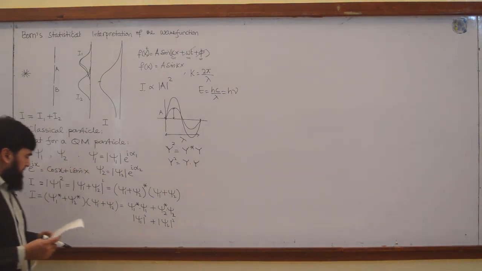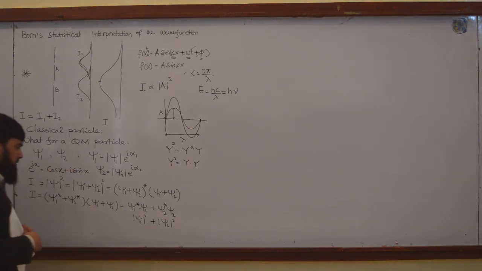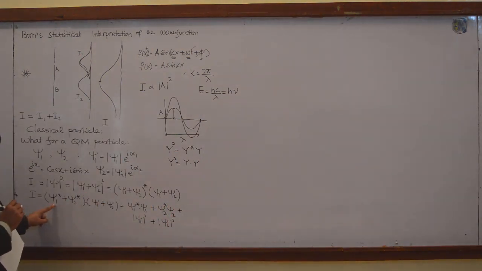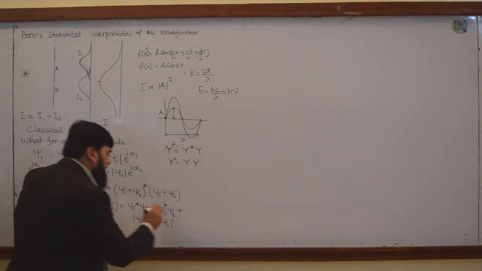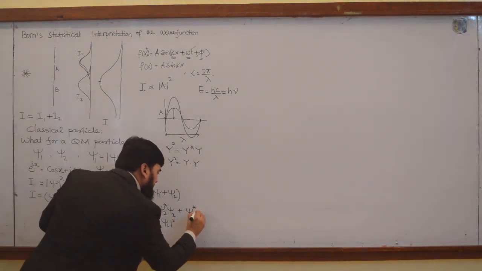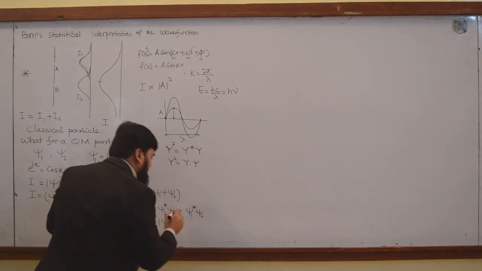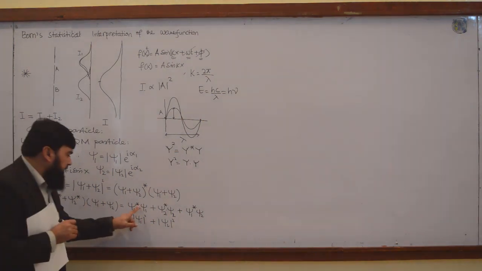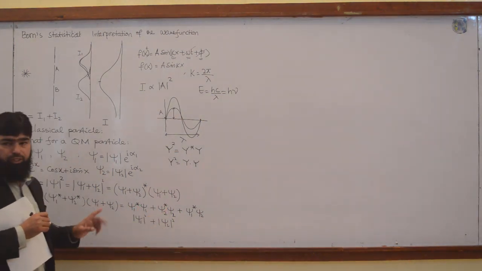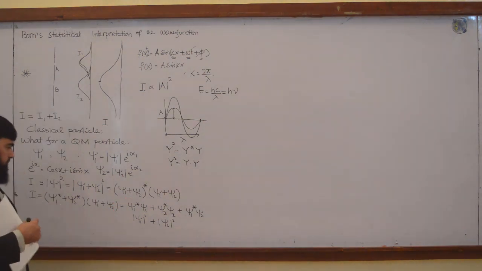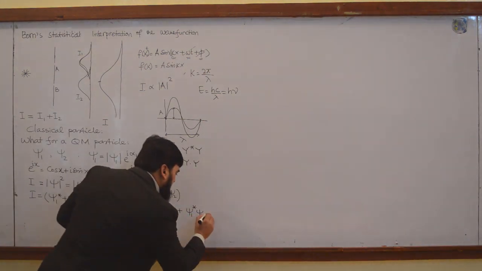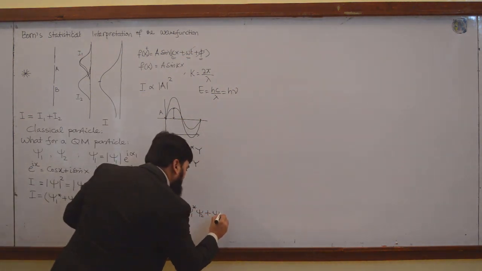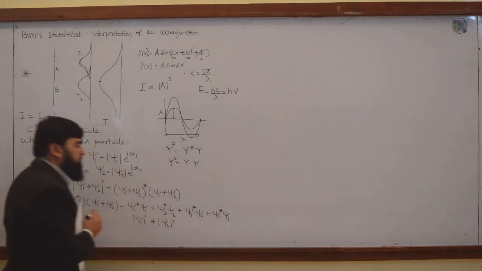So we will have psi 1 conjugate with psi 2 and then, let me remove this dot so that it doesn't create any confusion for you. They are just simple multiplication. Psi 1 plus psi 1 psi 2 plus psi 2 psi 1, psi 2 conjugate psi 1.